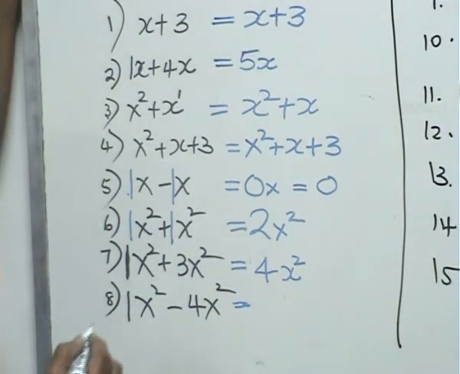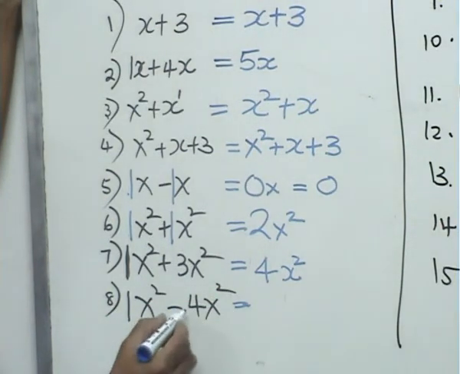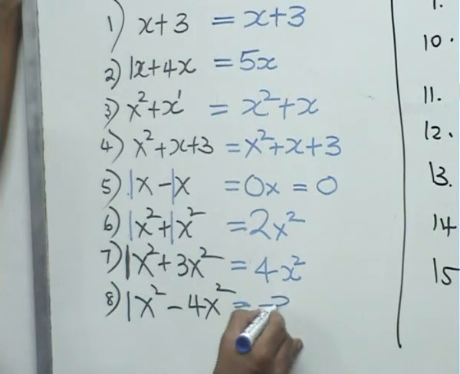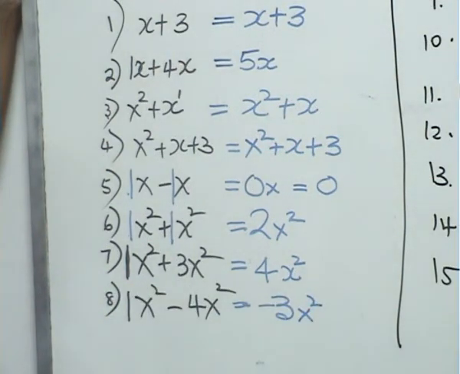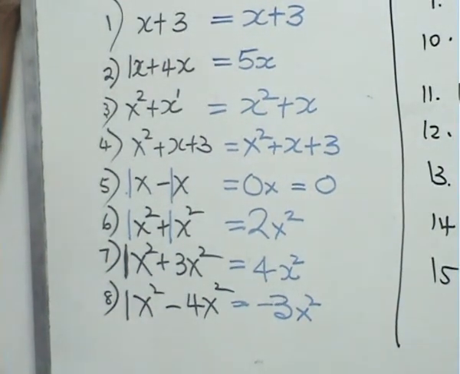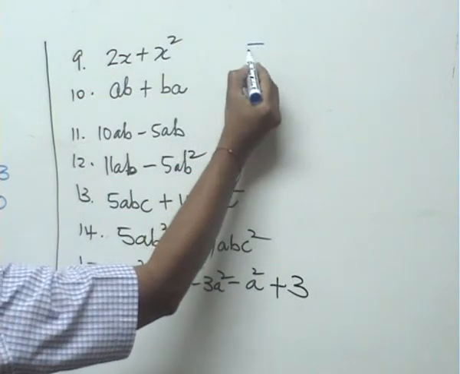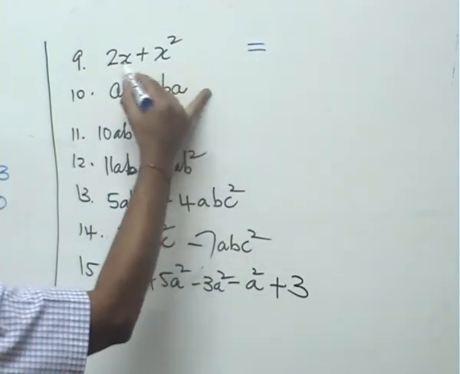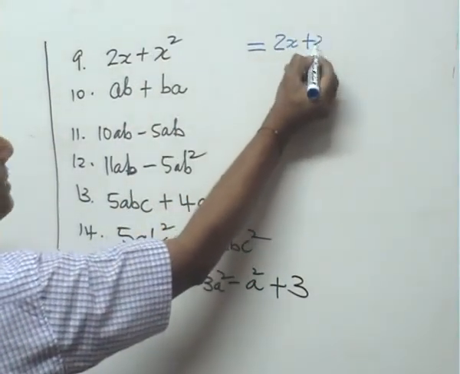You can remember your integers now. 1 minus 4, I have 1, I owe 4, therefore I owe 3 and x squared. Right, we're going to move on to number 9. Alright, number 9, 2x and x squared, these are unlike terms, so the answer will remain 2x plus x squared.